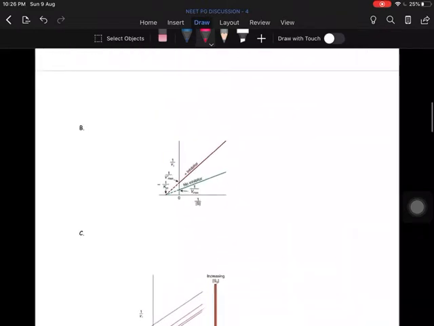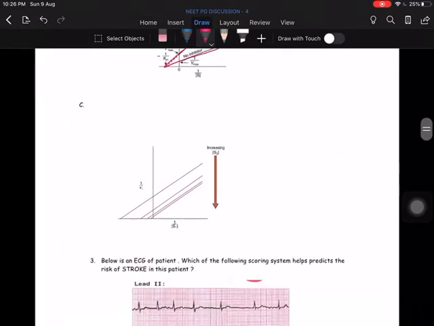Next graph is a V-shaped graph. What you see here is seen in non-competitive inhibition. And the third one which you see here, you have 2 lines which are parallel to each other.